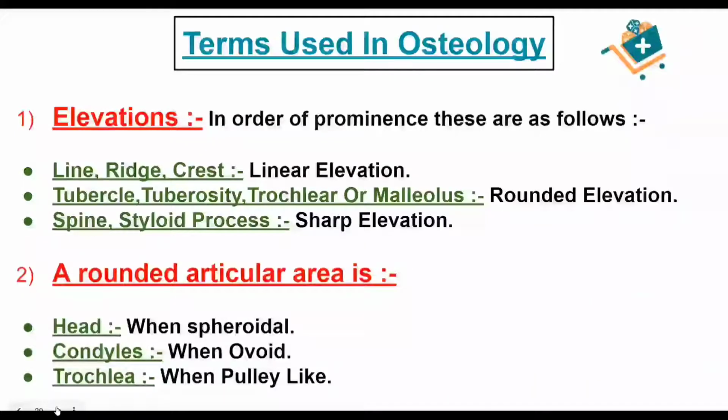And tubercle or tuberosity: when there is a small rounded elevation, that is called a tubercle. When it is a little bigger, it is called a tuberosity or protuberance. Some terms are used like that.